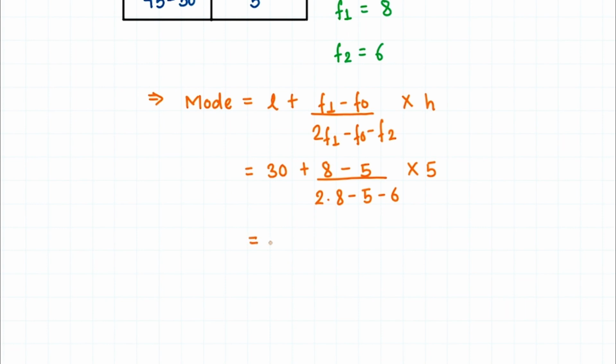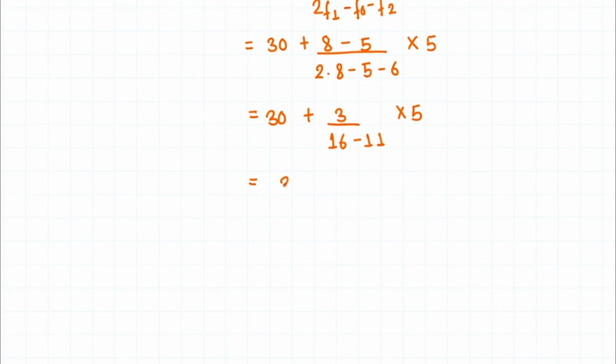So this is going to give us, we have our 30 over here, plus we have 8 minus 5 is 3 divided by 2 times 8 is 16 minus 5 minus 6 is 11, right? Times we have our 5 over here.